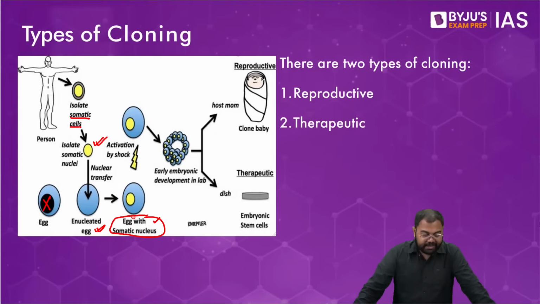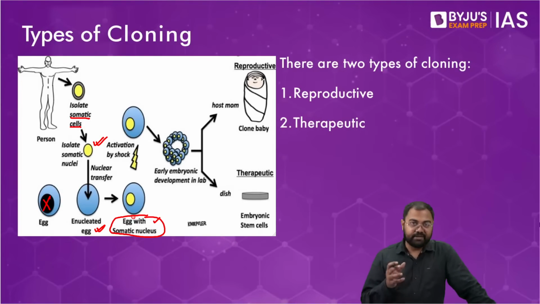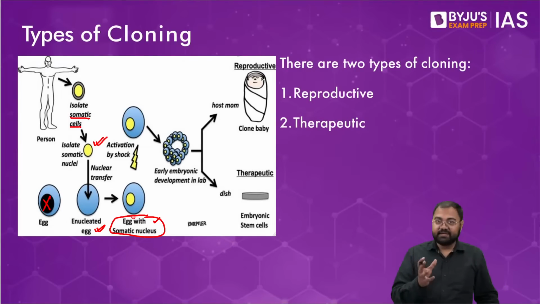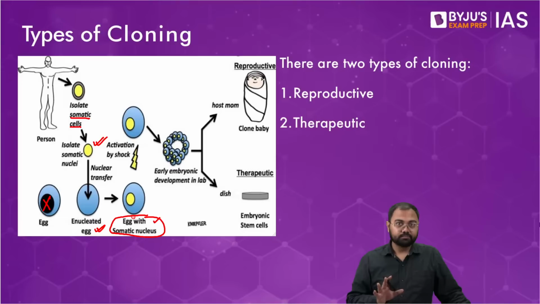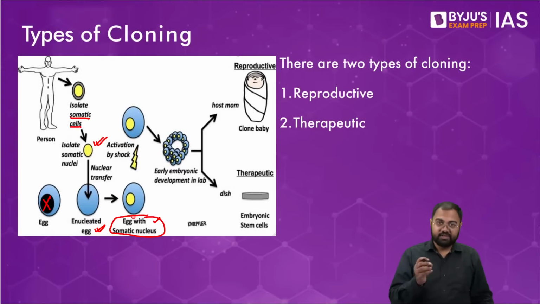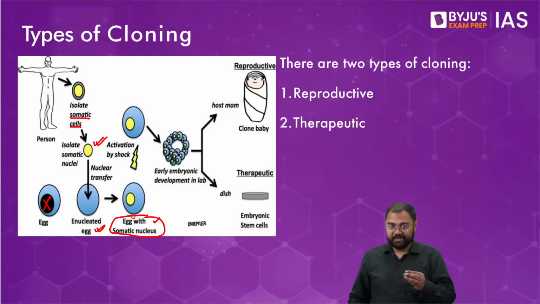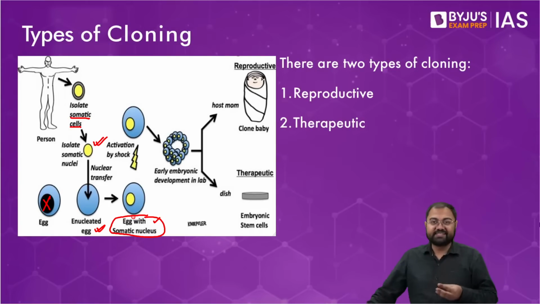So understand the value of this process, that why are we replacing this nucleus. What you know about nucleus is that nucleus contains the genetic material, right? All the genes, all the DNA, they are present where? They are present inside the nucleus, correct? So that's why if nucleus is retained, if you retain the nucleus of the egg cell, it simply means that the characteristics in that animal or in that cloned animal will be of the egg cell nucleus, correct?